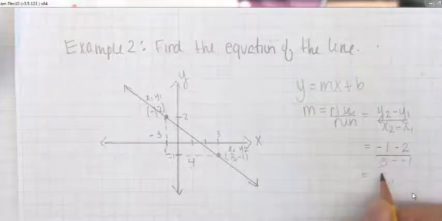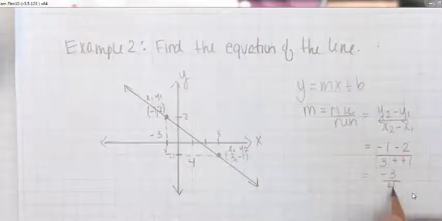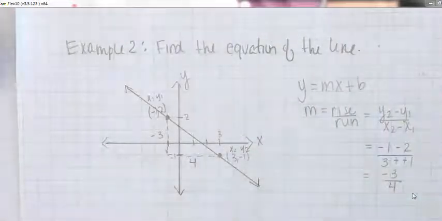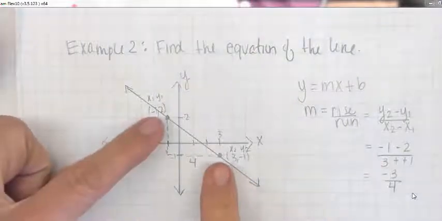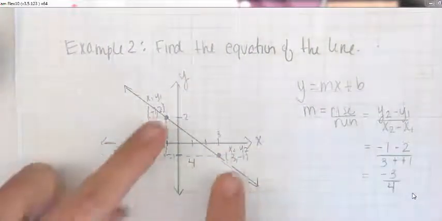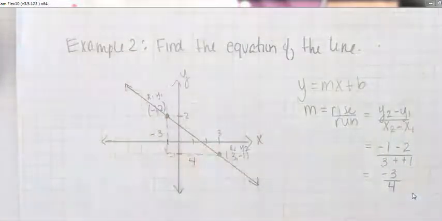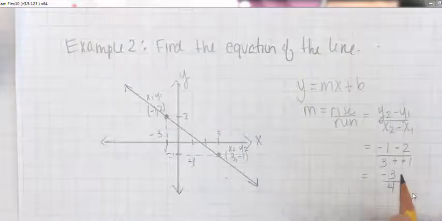You can see here I get negative 3, minus a negative becomes positive, so negative 3 over 4. So either way works. A lot of times if you're not given a graph, you're just given 2 points, you're going to want to use this way. But if you are given the graph, then you might as well just go ahead and count. Either way my slope is negative 3 over 4.